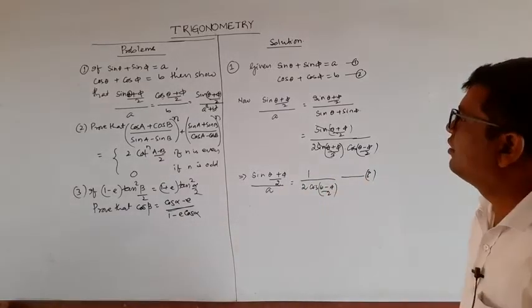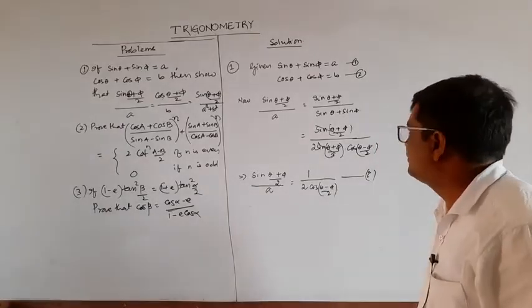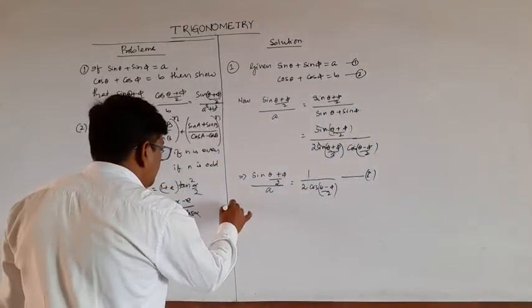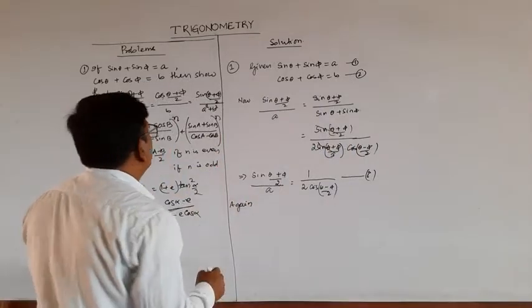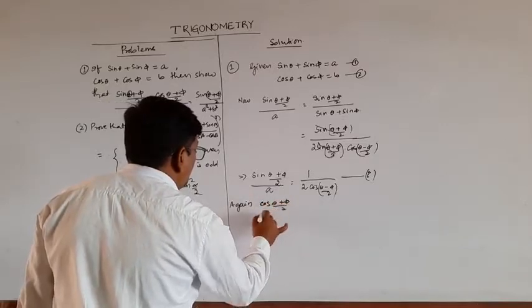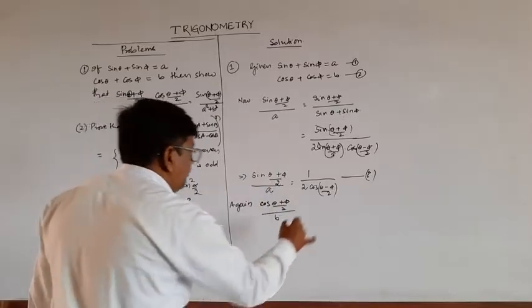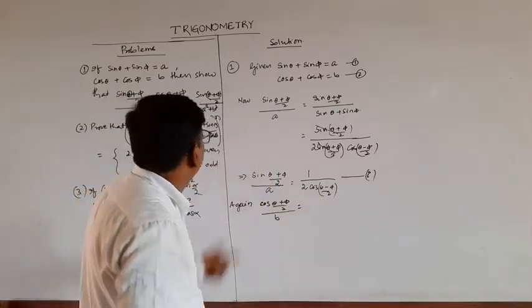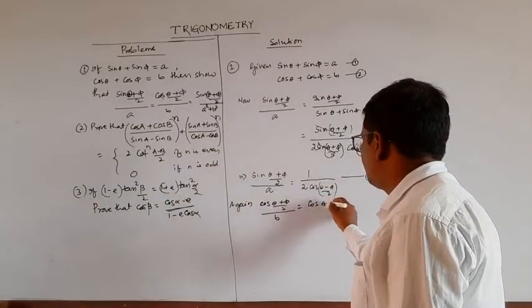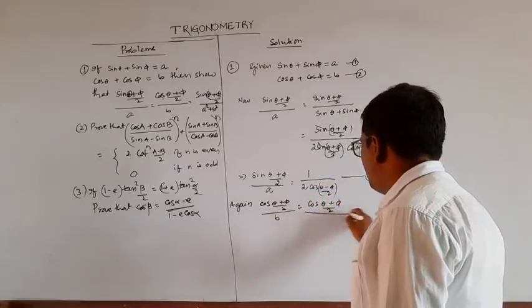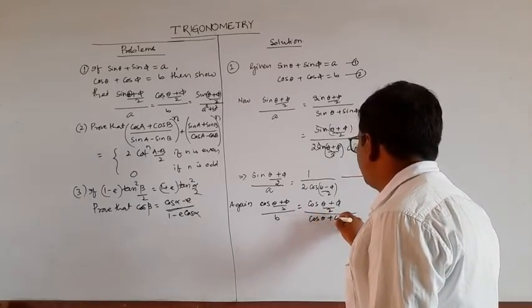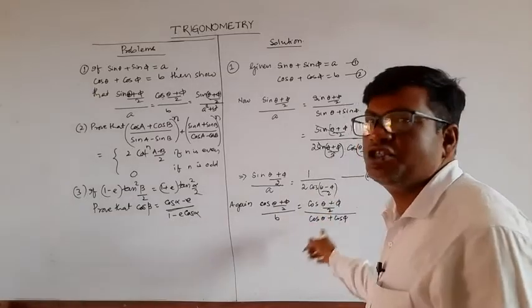Again, cos((theta plus phi) by 2) whole divided by B, which is equal to, B means cos theta plus cos phi. So apply the cos C plus cos D formula.